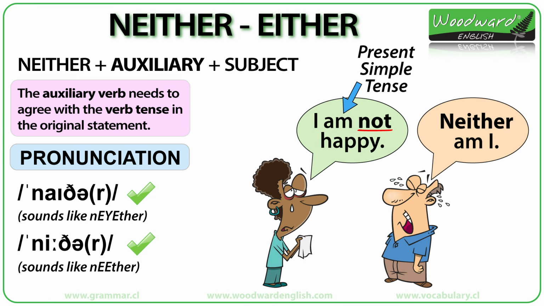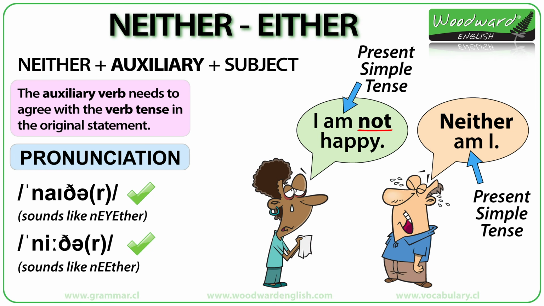If the verb is in the present simple tense in the first sentence, then the response is in the same tense, the present simple tense, which becomes neither am I.